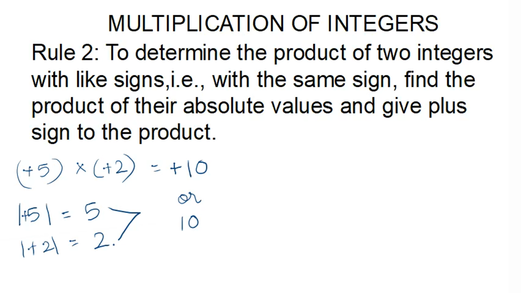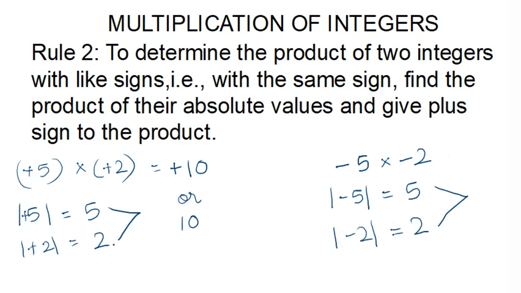So in this example we have seen 2 like integers which are having positive signs. Now we will see 2 negative integers, minus 5 and minus 2. First thing we'll have to find out is the absolute value of minus 5, which is nothing but 5, and then the absolute value of minus 2, which is nothing but 2, and then we'll have to find the product. 5 into 2 is nothing but 10, right?